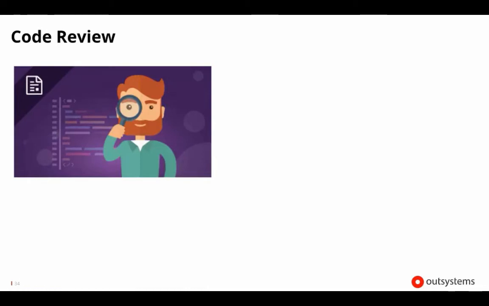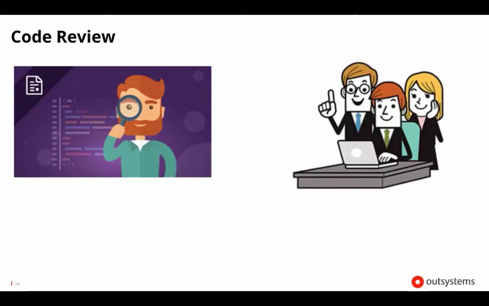And last but not least, code review. It's important to not understate the value of this tool. Just by looking at the code and following through, you will find a lot of the issues that you're searching for. And even more powerful if you do it with someone else, peer code review.